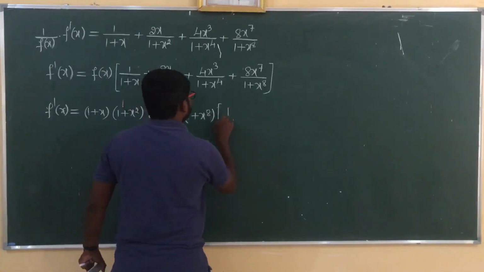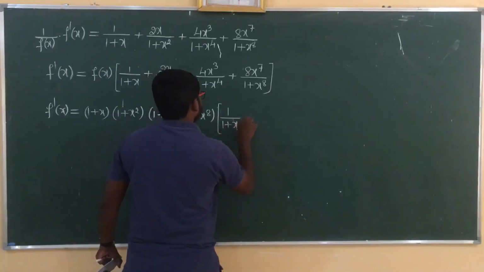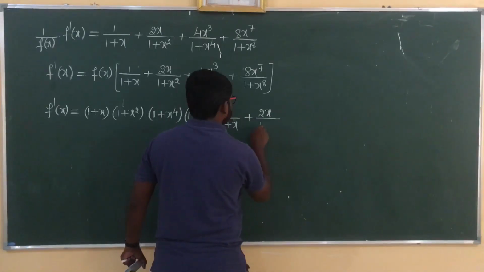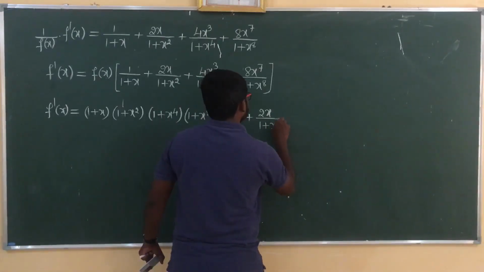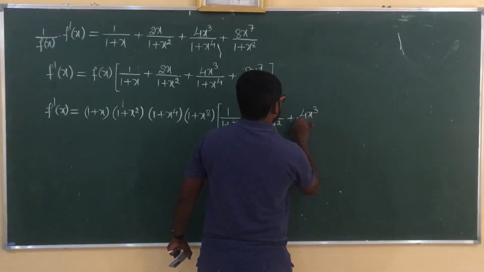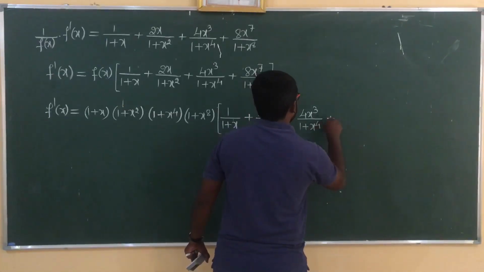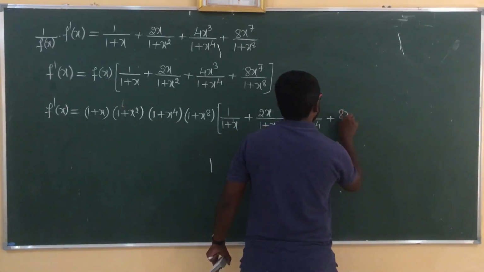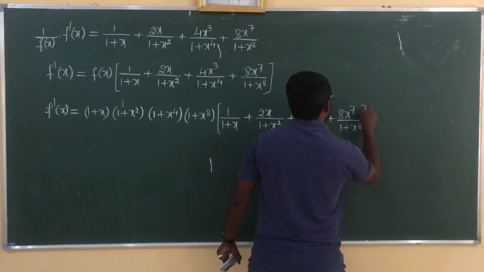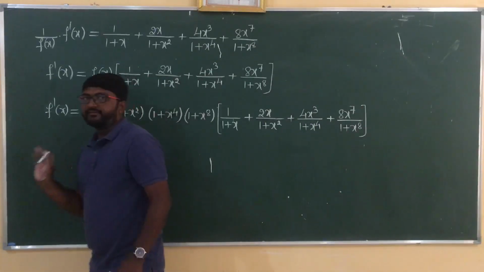So 1 divided by 1 plus x plus 2x divided by 1 plus x square plus 4x cube divided by 1 plus x to the power 4 plus 8x to the power 7 divided by 1 plus x to the power 8. So we have got f dash of x.